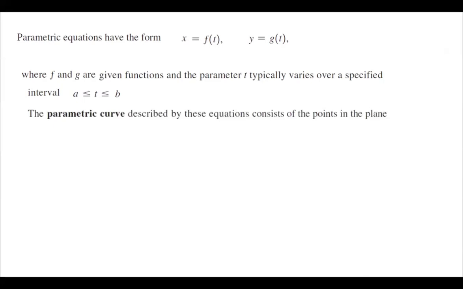The parametric curve described by these equations consists of the points in the plane, x and y, now represented by f of t and g of t. And now we say that t is bounded between a and b inclusive, or you have a closed interval. You can write t belongs to the closed interval a to b.